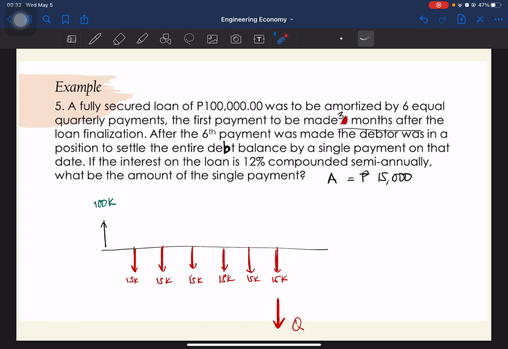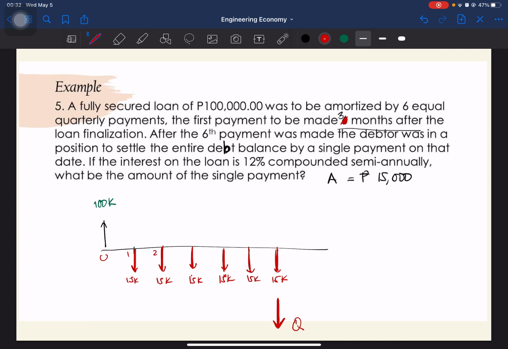Now, take note of one more problem. The interest rate given is 12% compounded semi-annually. We know that the 12% compounded semi-annually, 6% yan every 6 months. Okay? So, if this is first quarter, second quarter, di ba second quarter, ibig sabihin, semi-annual yun, di ba?